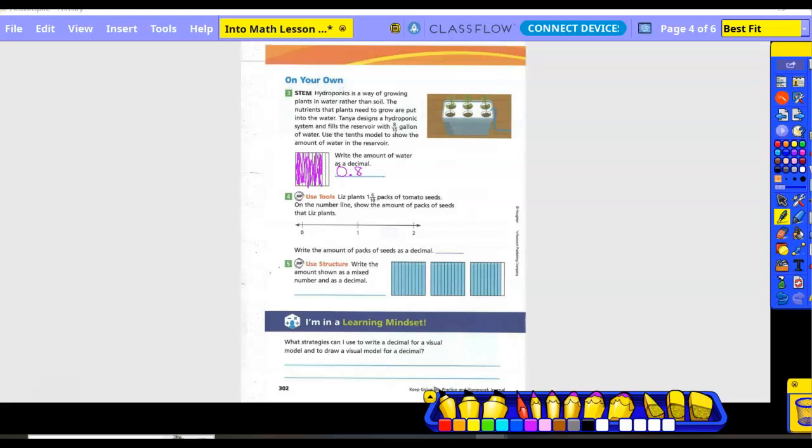Okay. Number 4, Liz plants 1 and 6/10 packs of tomato seeds. On the number line, show the amount of packs of seeds that Liz plants. Okay, so do we have a whole number? Yes. Okay. And then what do we need to break the pieces apart into? 10, right?